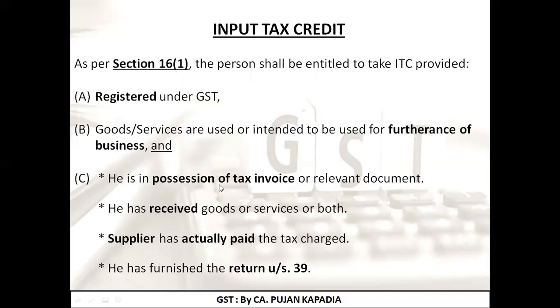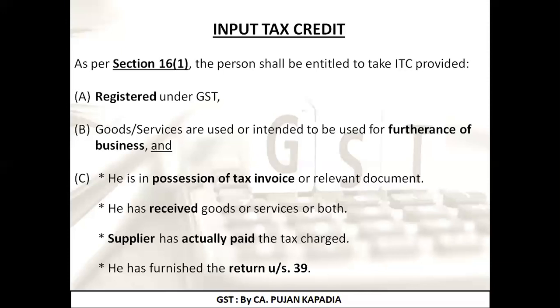So first is I should have the proper tax invoice. Second is I should have actually received those goods or services. Third, the supplier has actually paid the tax charged. Now in our example, I had paid 18 rupees as GST to the coffee bean supplier. That supplier is actually supposed to deposit that 18 rupees with the government.